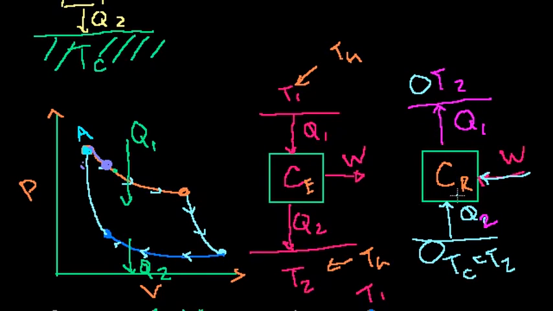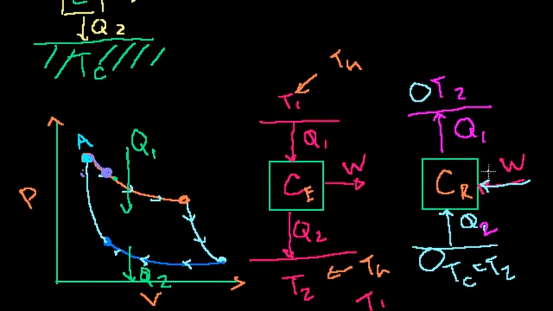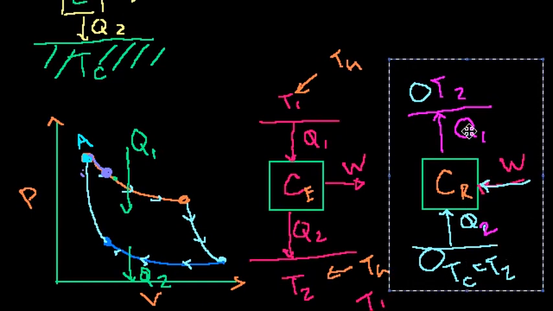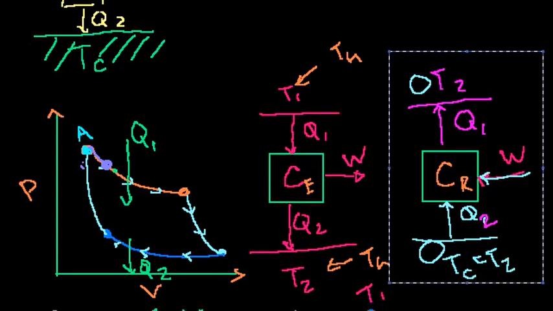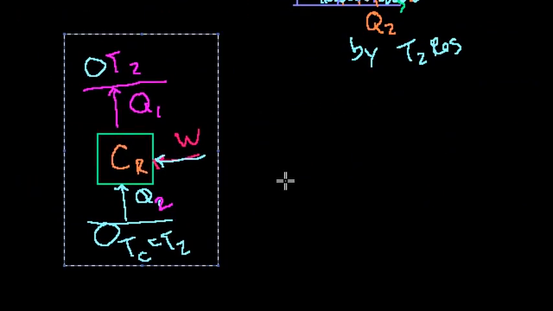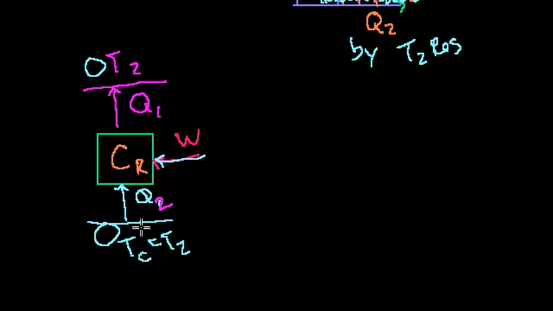Now, I want to make another point about the Carnot engine. Let me take the reverse Carnot engine, or let me call it the Carnot refrigerator. And this is really just more math than anything else. If we're taking in Q2, adding in some work, and producing Q1, we can scale this up arbitrarily.